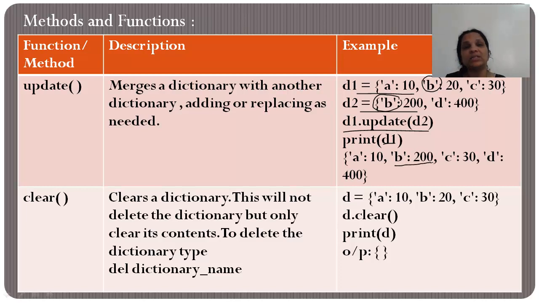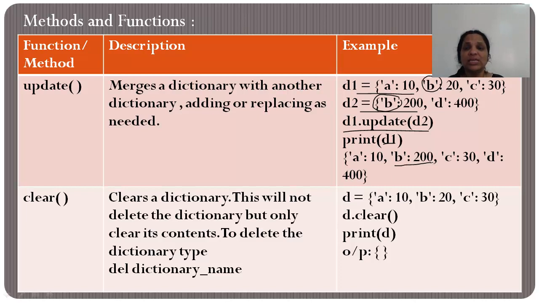Because you are updating with the values of D2, D2's B gets a higher preference. So D2's B key is going to be put into D1 and D1's B key is going to be updated. Whereas C remained the same and A remained the same because A and C were not in D2, and D got added.